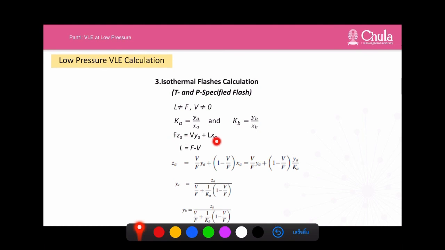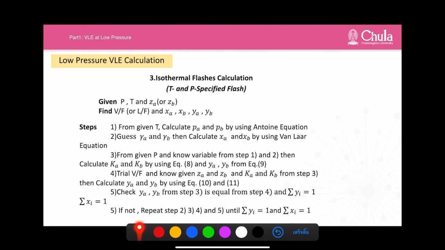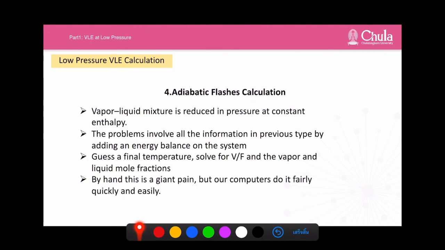And we have a component balance here, we have a material balance here. Okay, rearrange this equation, then we can calculate. Again, for this calculation, we have temperature specified and pressure specified. Okay, in this case it's a temperature-pressure specified flash. Okay, these are the steps for the calculation.